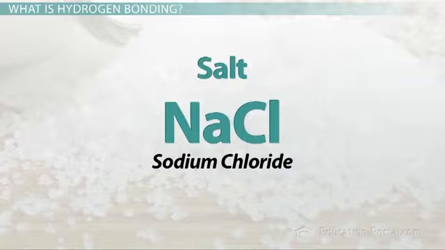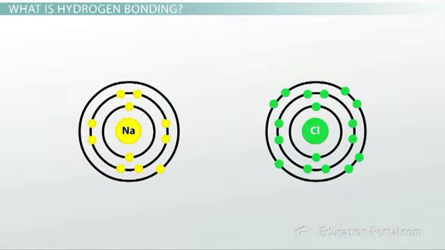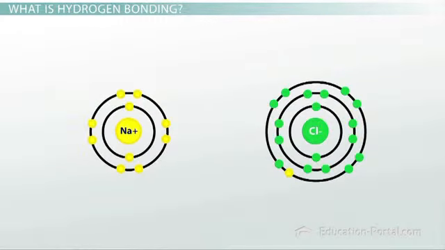Did you come up with ionic? Because this difference is very great between the chlorine and the sodium atoms, sodium wants to get rid of an electron and chlorine wants to add an electron. So I'm going to end up with Na+ and Cl-, right?